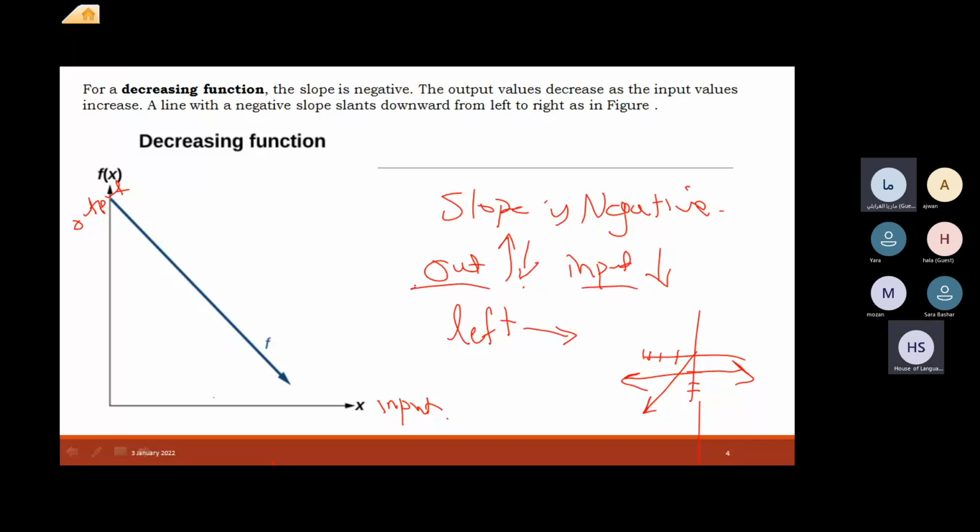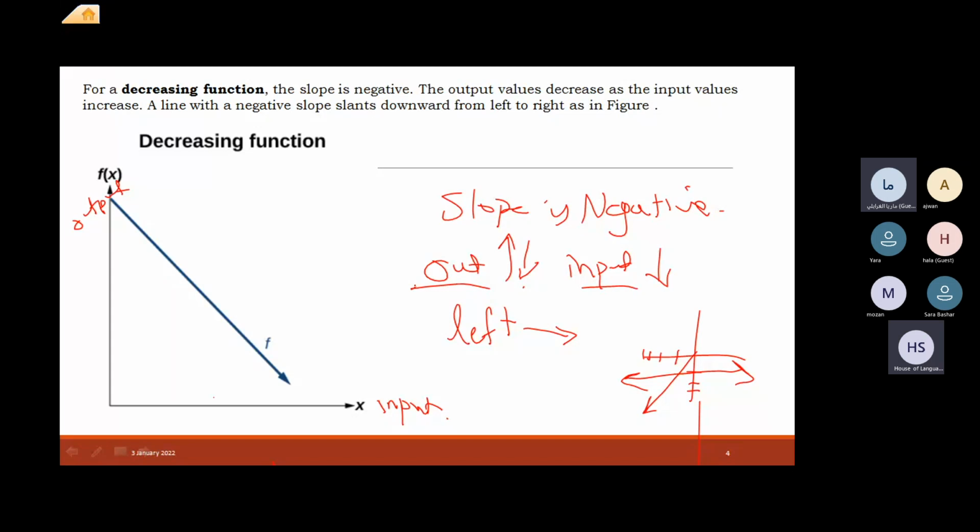Teacher, I still don't get output and input. If we want to get to the right, where do we go? Sorry, just a minute. What do you mean? If we want to go to the right, not to the left.